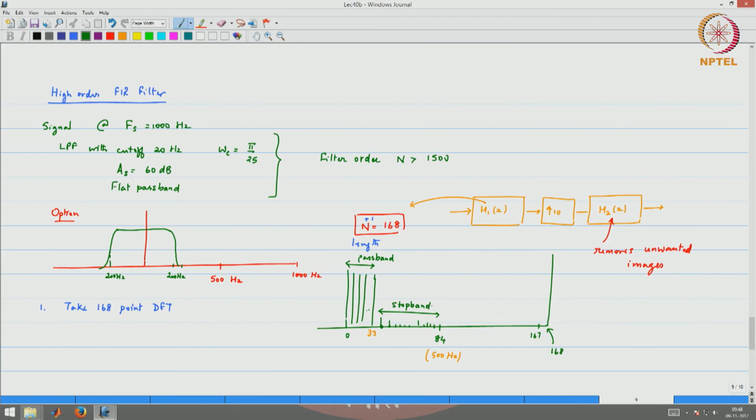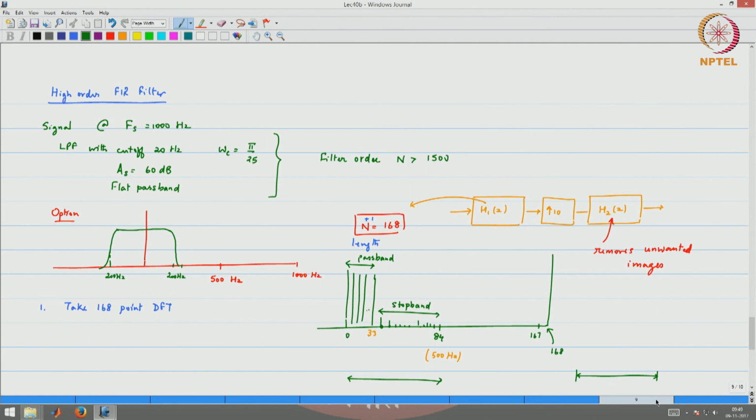Now, what I want you to do is pay close attention to what we are doing. Basically, take these samples, 0 to 83, that is the 84 samples, and the last 84, 84 to 167, but leave a gap in between.